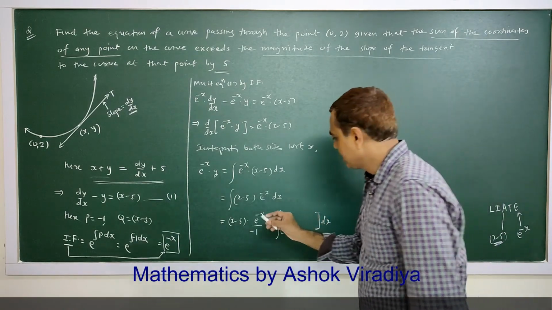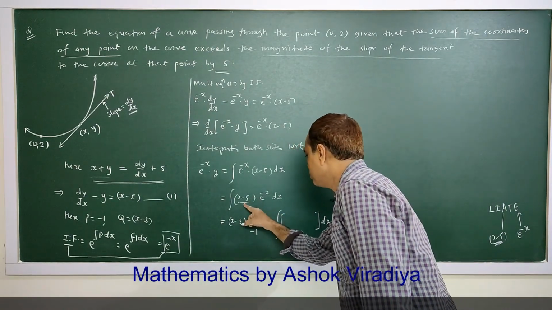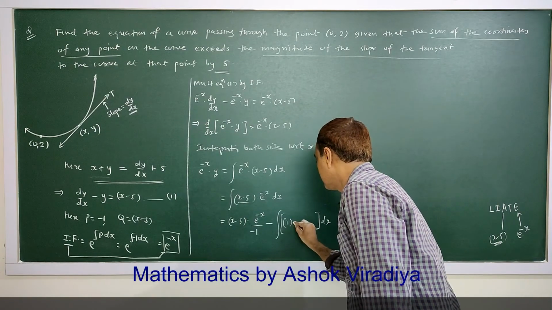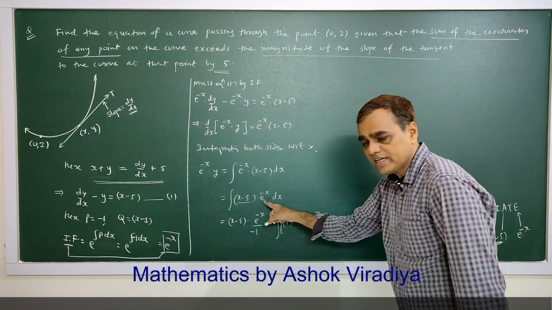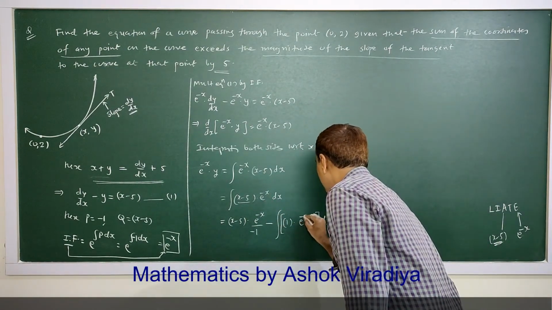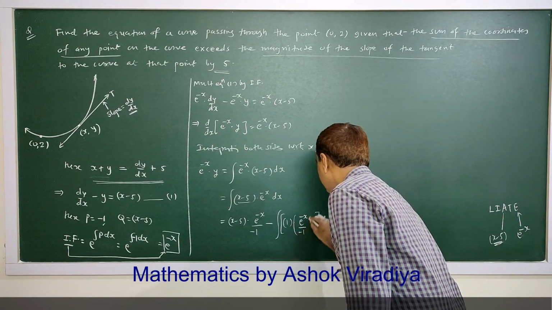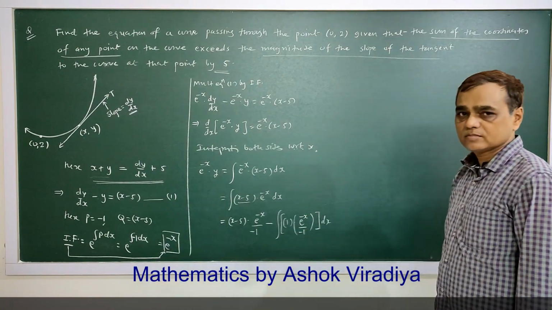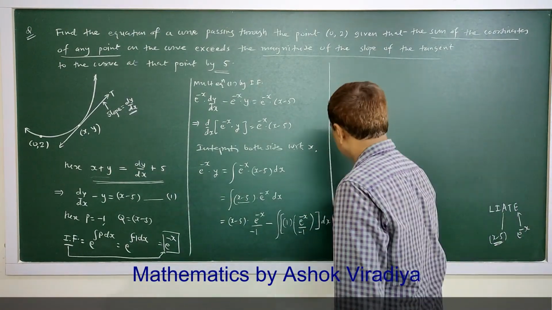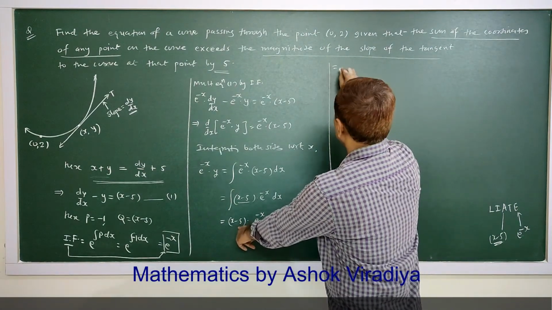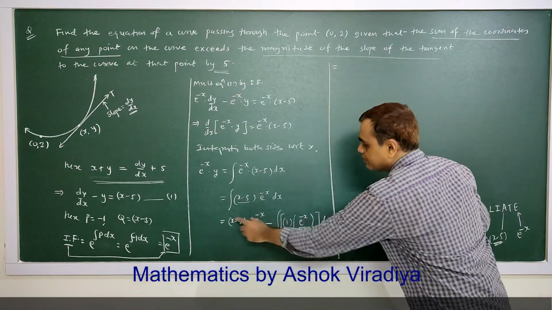Now in the box I put derivative of u, it is 1, and integral of v, so it is e raised to minus x upon minus 1. So this is here. Now I am including minus 1 in this bracket.